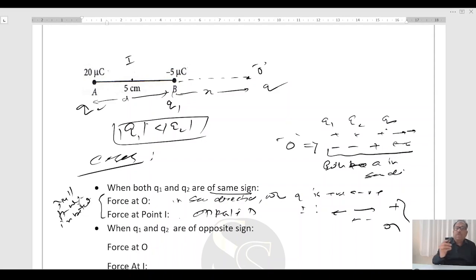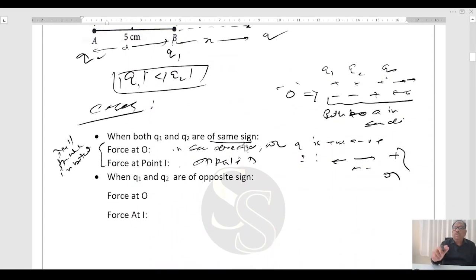When charges are opposite in nature, then at O, with one positive and one negative and Q positive, one force will be repulsive and the other attractive, which is opposite in nature. Similarly for negative. The force at O for opposite signs will be in opposite directions, and in this case at I, the same direction.